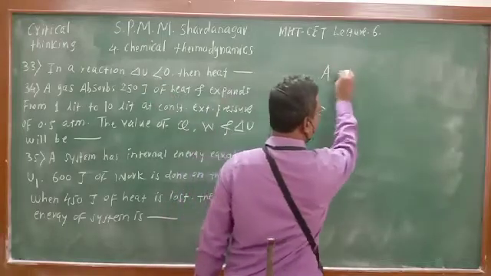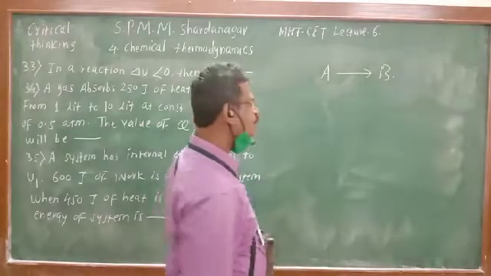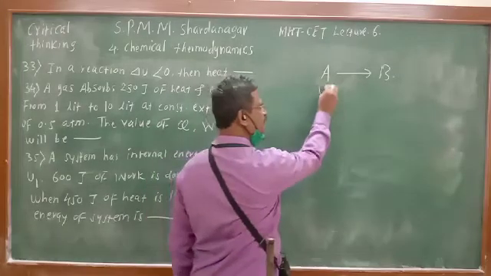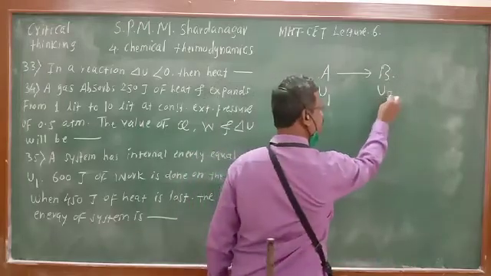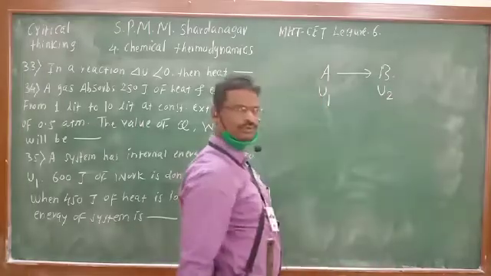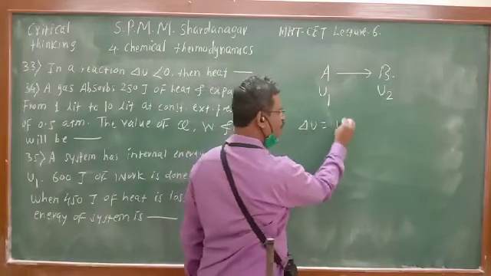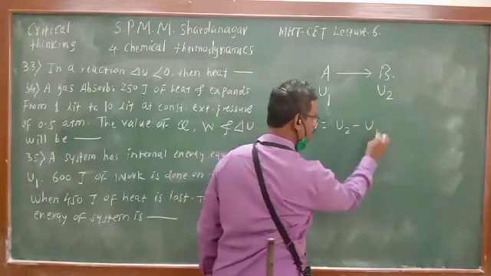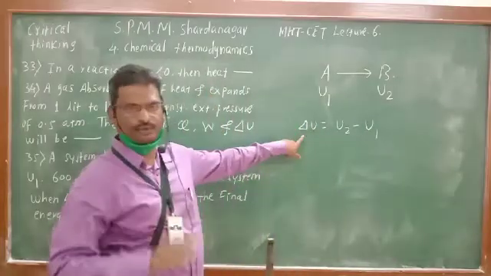A is reactant converted to the product B. We know initial state of the system has internal energy U1 and final state of the system will have internal energy U2. Delta U will be equal to U2 minus U1, and this delta U is less than 0.